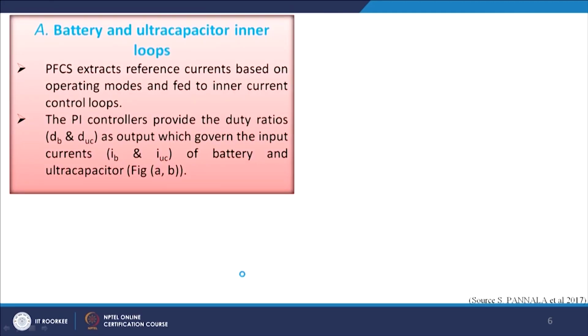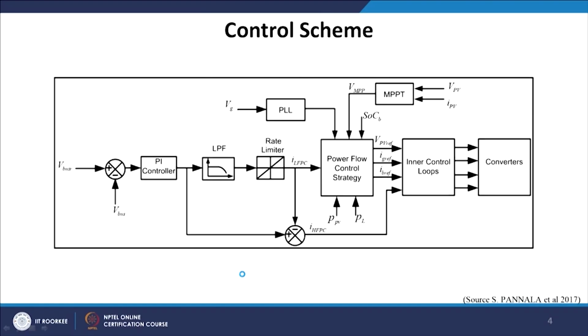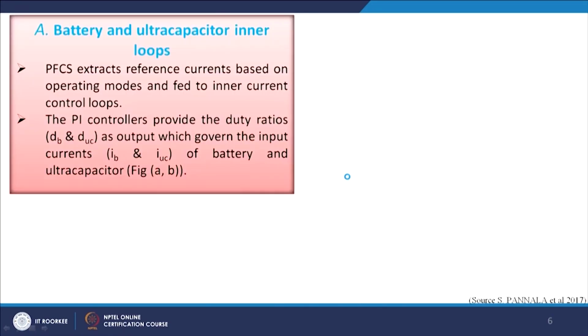Now, battery and ultra capacitor inner loops. The PFCS, that is power flow control strategy, extracts the reference current based on operating modes and feeds it to the inner current control loops.